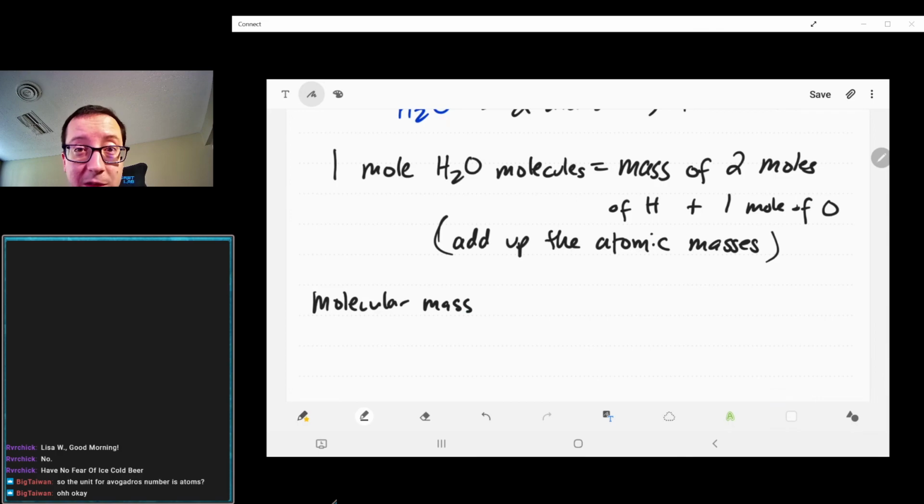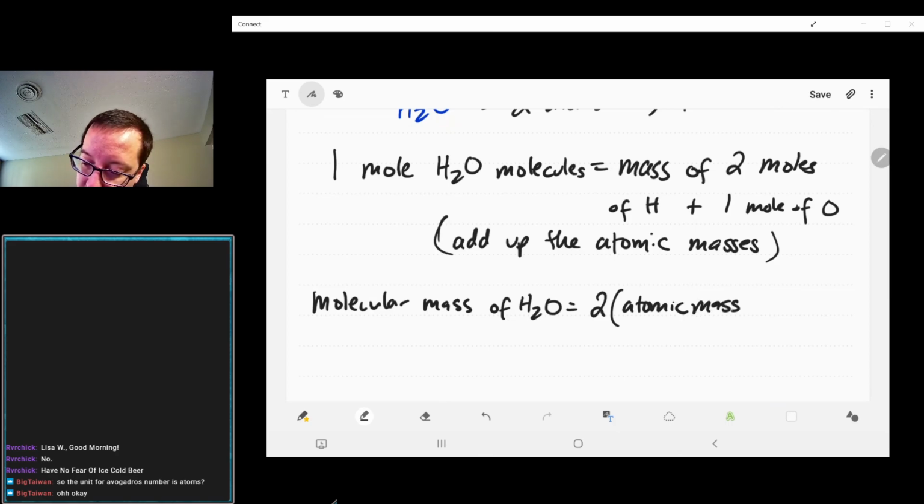Molecules are going to have multiple atoms. We talked about atomic mass when we're looking at individual atoms. We talk about molecular mass when we're dealing with multiple atoms. And we're going to see that is 2 times the atomic mass of hydrogen plus 1 times the atomic mass of oxygen.